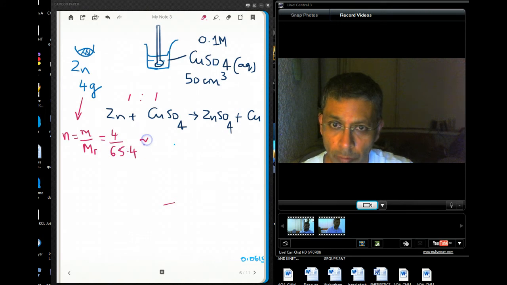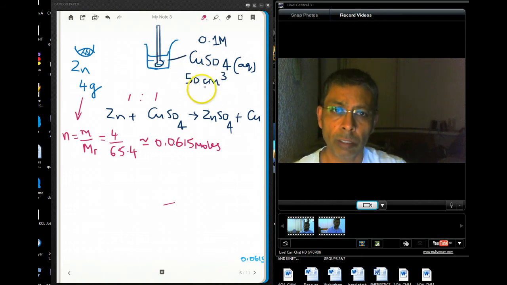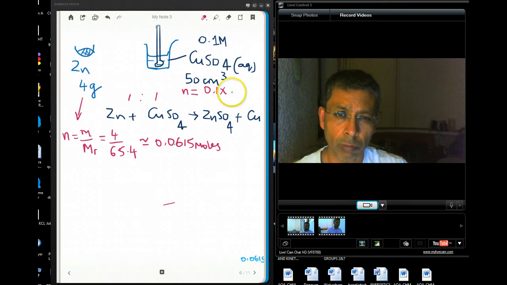That comes to approximately 0.0615 moles. And for the copper sulfate, let's work out the moles. n equals C times V, so it's 0.1 times 50 over 1,000, which is 0.05, and that gives us 0.005 moles.